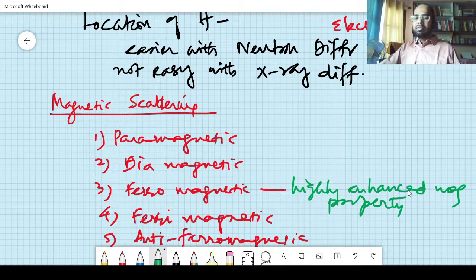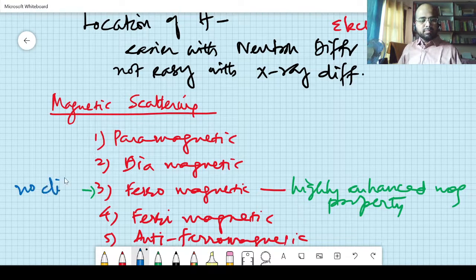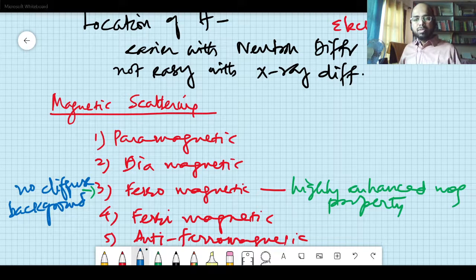So what happens is, this one is coherent scattering. So in this case, no diffuse background is present. Diffuse means something which is disappearing.